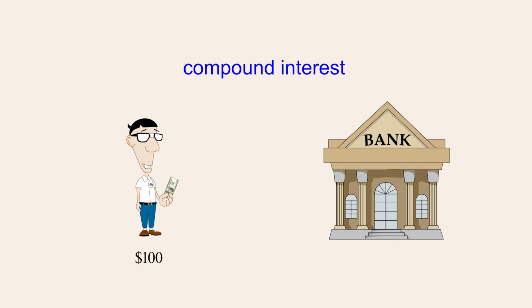So now let's say that you deposit $100 into a savings account that pays 1% compound interest every month. Each month, your savings still earns 1% interest. But with compound interest, instead of sending you an interest payment, the interest is automatically added to your savings account.